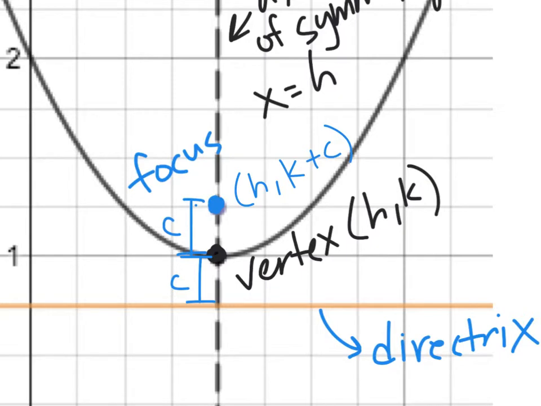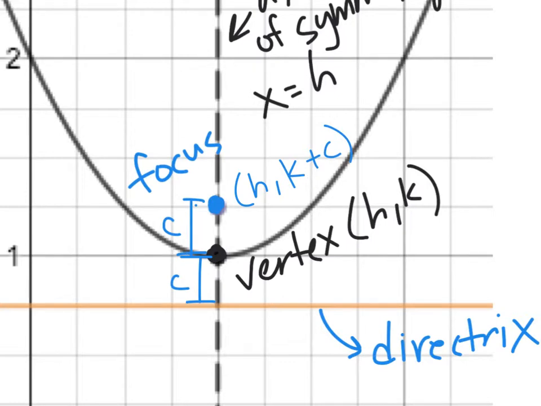Now, if you want to get to the directrix, first you get to the vertex, and then how do you get to the directrix? Do you go up or you go down? Down. Down by how much? C. If you're going to go down C, do you add C or do you minus C? Minus. Minus C from what? H or K? K. Why K?